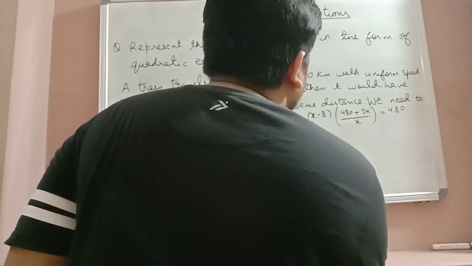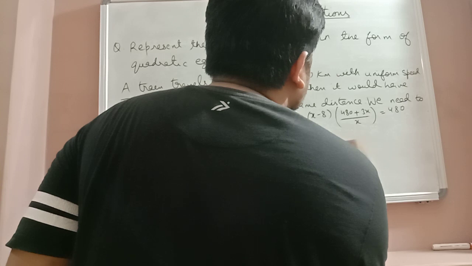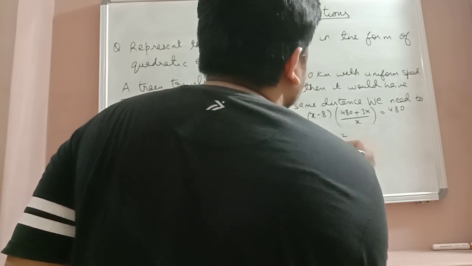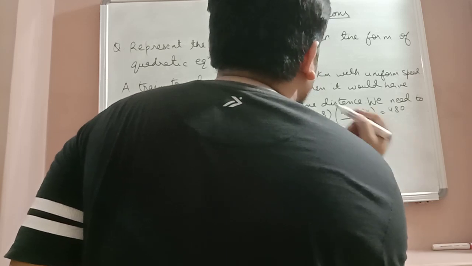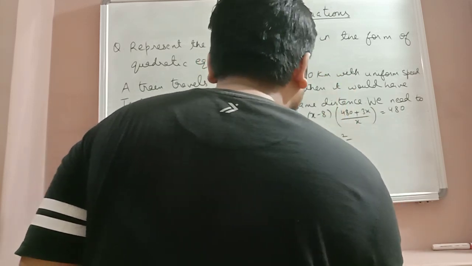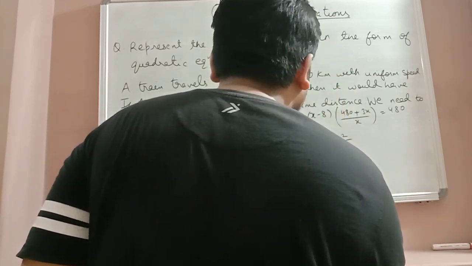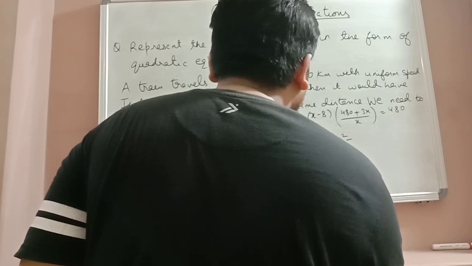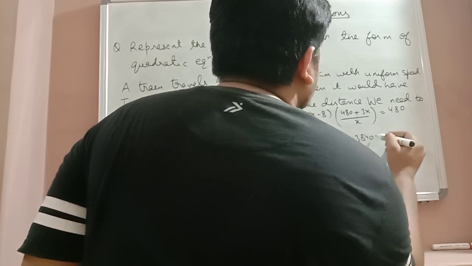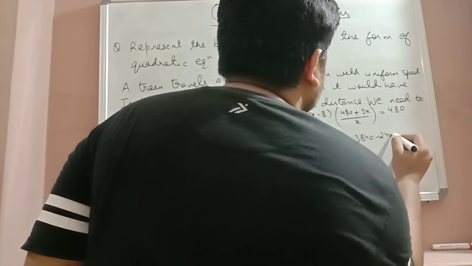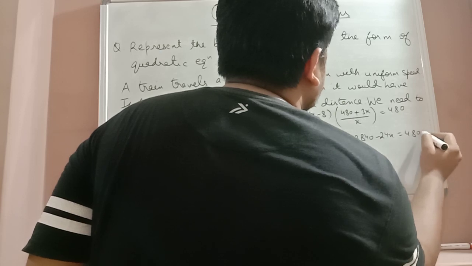480x plus 3x square minus 480 into 8, that is 3840, minus 24x equals to 480x.